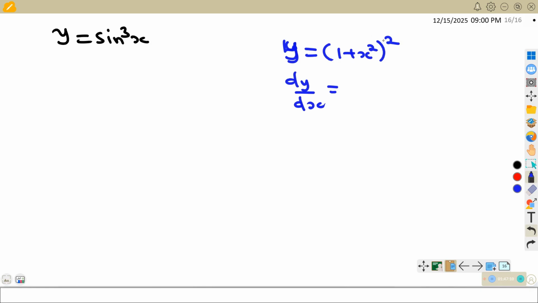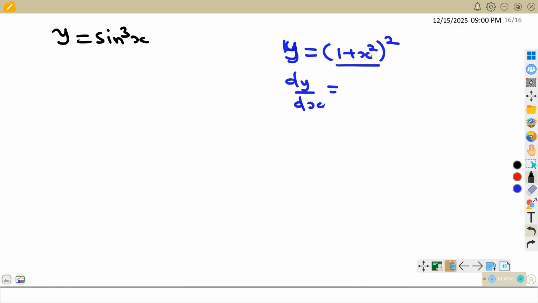Without expanding this, you can use the chain rule, but I don't want you to use that. I want you to give me the answer at once, because there is an easier way. You looked at differentiation of polynomial functions, so that should be easy.